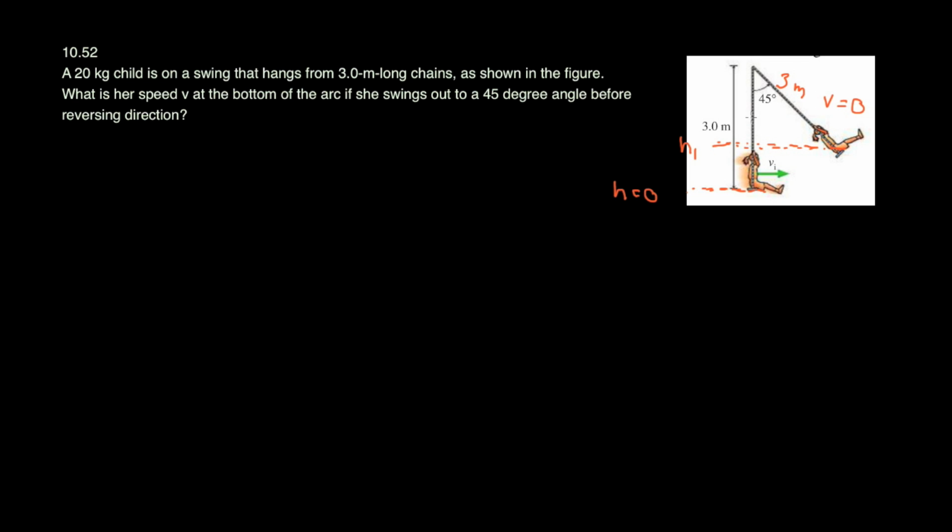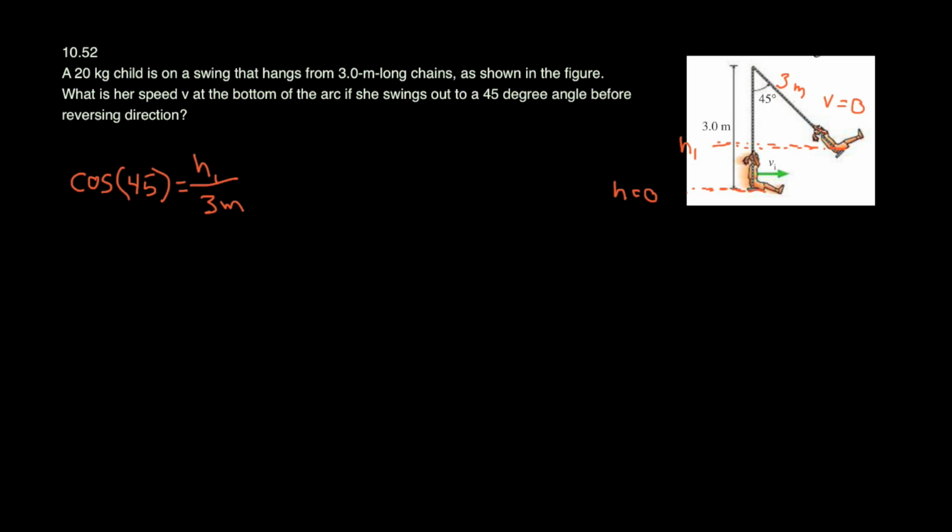So to find this side, all we have to do is the cosine, right? Because cosine is adjacent over hypotenuse. And so the cosine of 45 is going to be equal to the adjacent, we'll call this h1, over 3 meters, which is the hypotenuse.